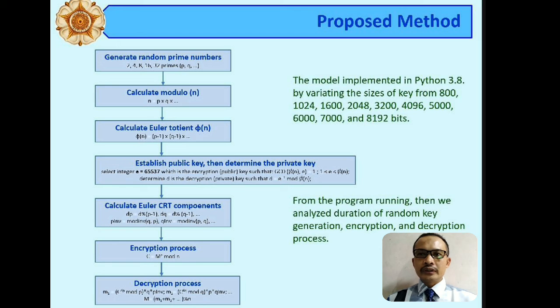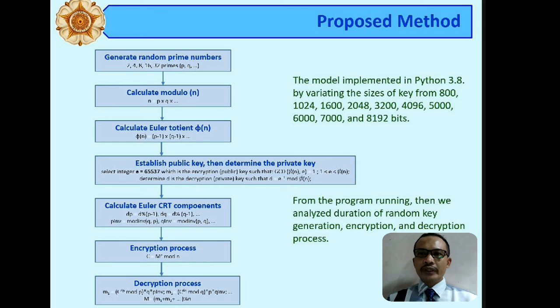After we get ciphertext from plain text in encryption processing, we conduct decryption processing to change our ciphertext back to plain text. In this processing, we use all of the private key components to simplify the calculation of the decryption process.